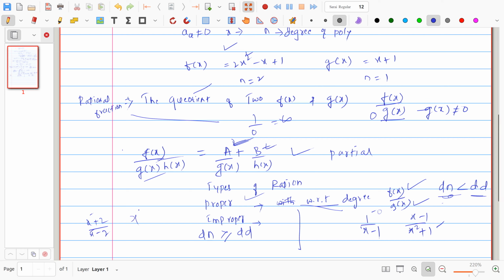And x cube minus 1 over x square plus 1, which degree is more? The numerator is more, so it is an improper fraction. If the degree of numerator and denominator are the same, it is an improper fraction, and if the degree of the numerator is more than the denominator, it is an improper fraction. If the degree of denominator is more, then it is a proper fraction.